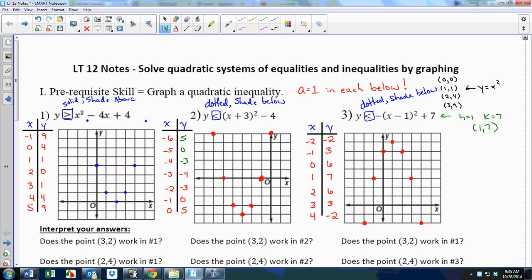All right, so put it all together. Number 1, we got our points graphed. It's solid, and shade above, which would be inside of the parabola. Number 2, dotted, shade below, which would be not inside the parabola, outside of it.